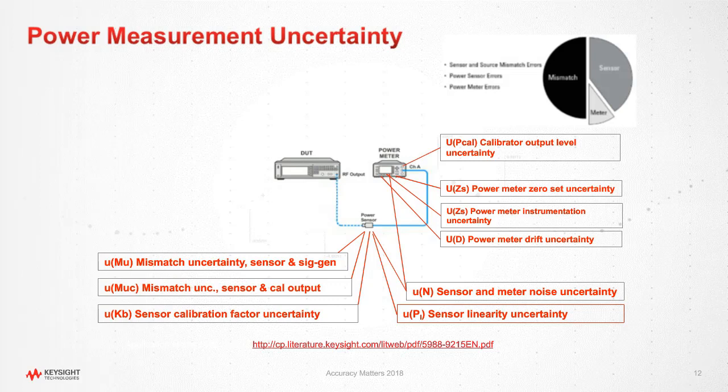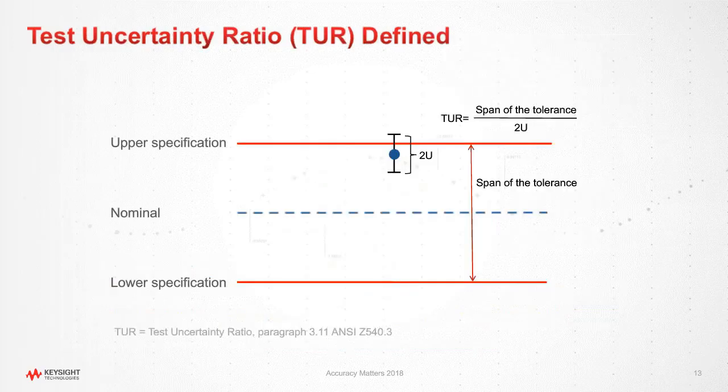I have sometimes in the past heard people tell me that they use test accuracy ratio. So I just want to do a little definition of terms here. Right now, I'd like to define for you test uncertainty ratio, which is you divide the tolerance, or you could say spec, by the measurement uncertainty.